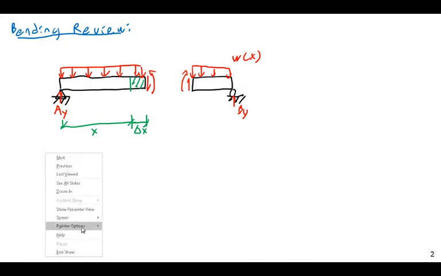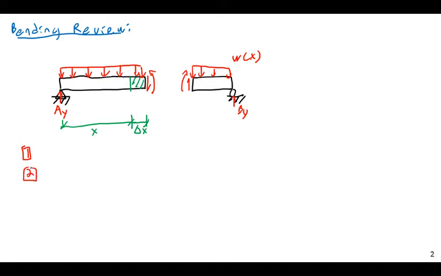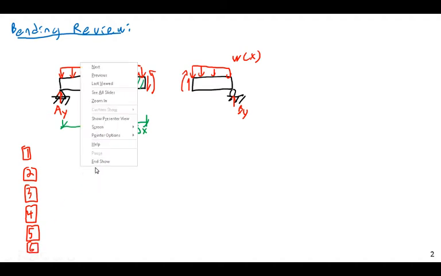Let's do that. I have 6 assumptions that I want to keep in mind. So let me just call these 1, 2, 3, 4, 5, and 6. So we have 6 assumptions baked into the equations of bending that we have seen.